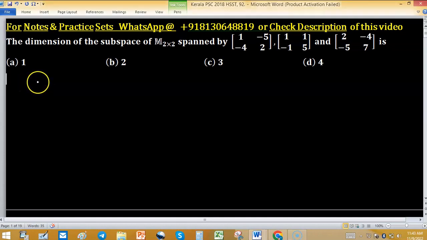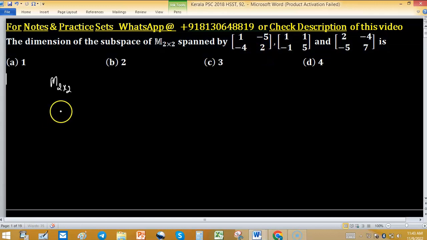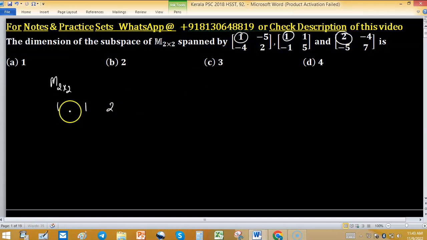The dimension of the subspace of M2 cross 2 is spanned by these three matrices, meaning the vectors are in the form of matrices. For this, we write equations for these three matrices: 1 1 2, this is the first entry of the matrices.